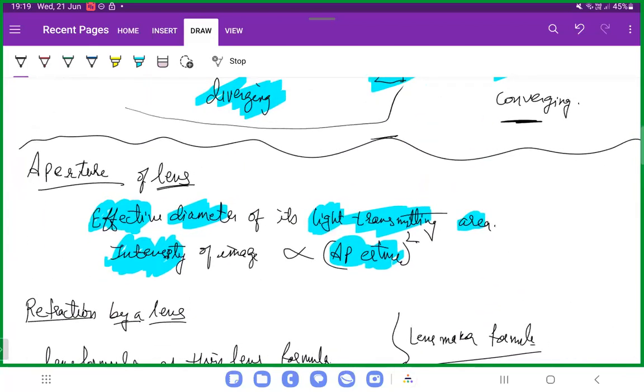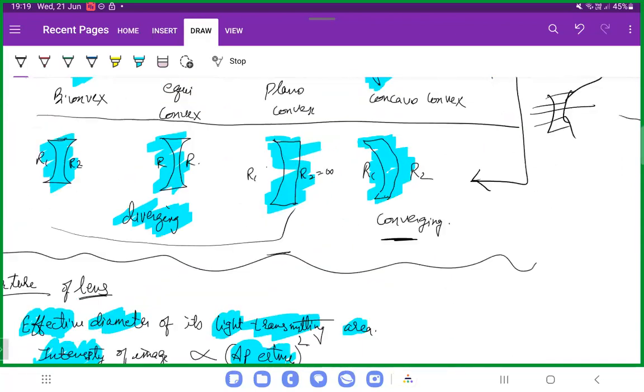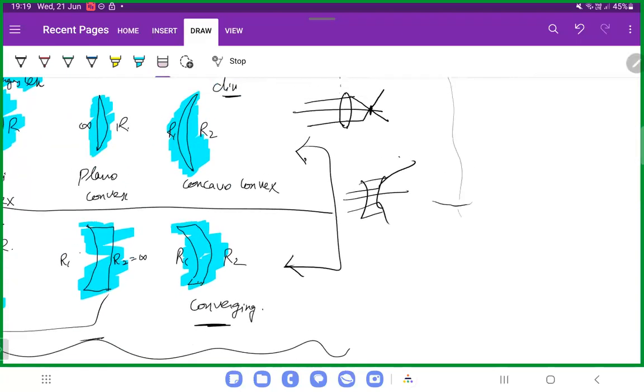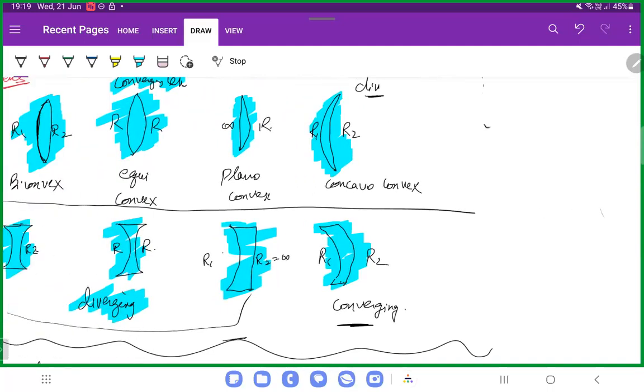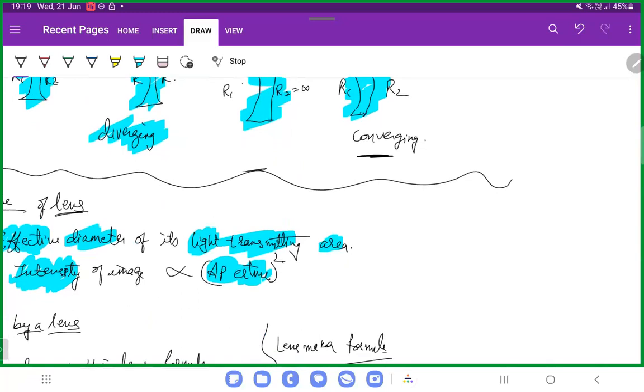Now let's see aperture. Aperture is the diameter of it. Let me draw again. If I draw a convex here, this is your diameter, the center line which we are drawing.